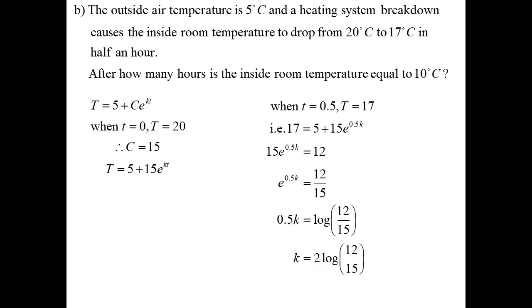Divide both sides by 15. To undo the e, we take the log of both sides. So I've got 0.5k is log of 12 on 15, so my k is twice log 12 on 15. I suppose I could write that as log of (12/15) squared if I wanted to bring the 2 in. It doesn't really matter. There's an exact value for k.